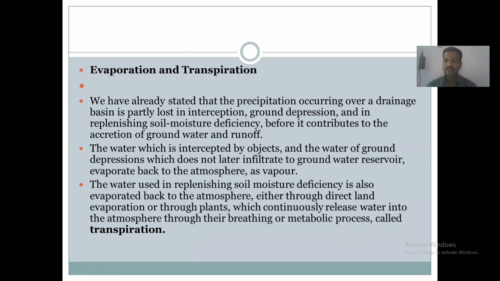That process is known as evaporation. The water vapor escapes into the atmosphere. Vaporization occurs, and during that vaporization the water molecules escape into the atmosphere. That process is known as evaporation.